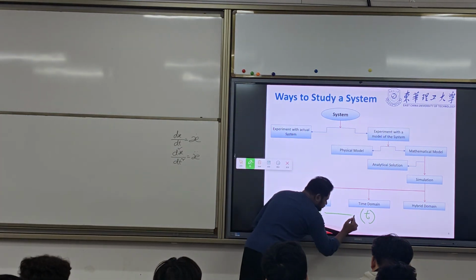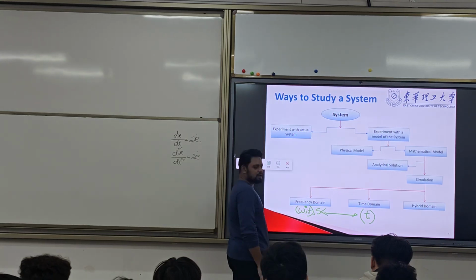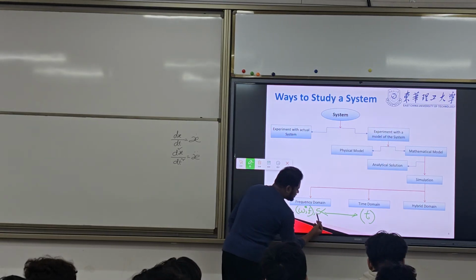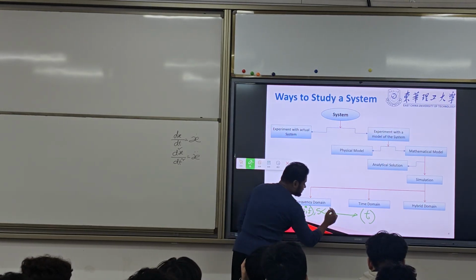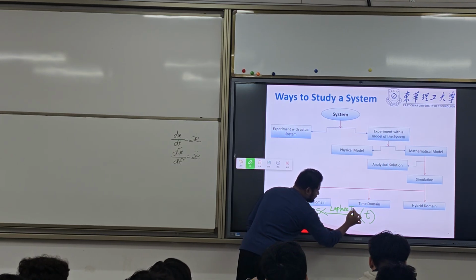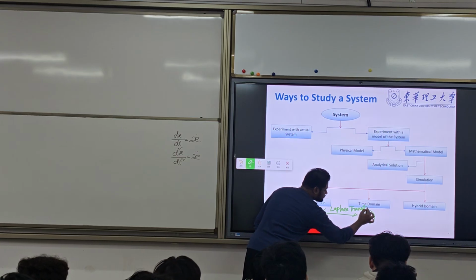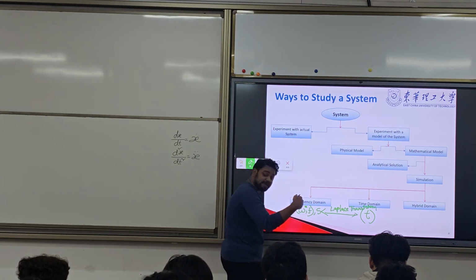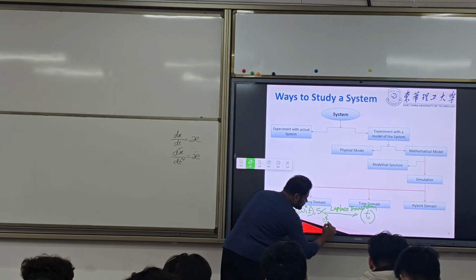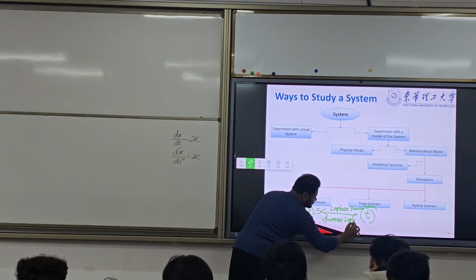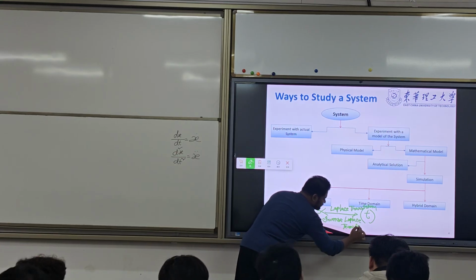So how do we convert this? We convert the time domain to the frequency domain by using the Laplace transform, and we convert the frequency domain back into the time domain by using the inverse Laplace transform.